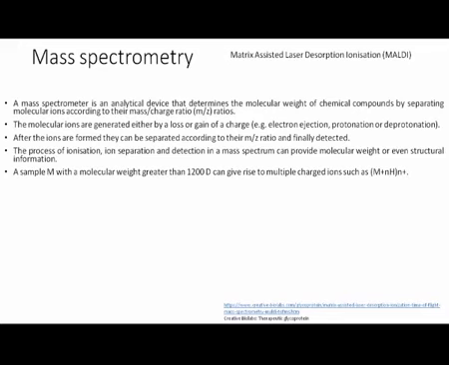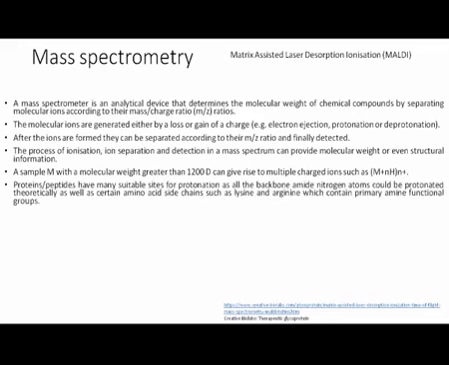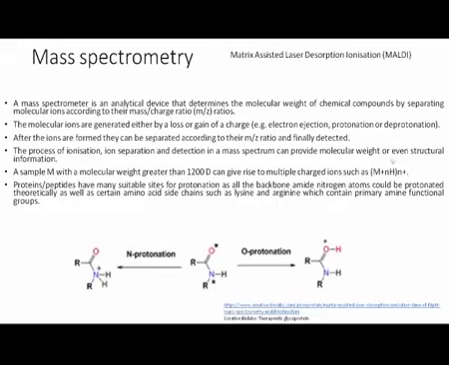I will give you that example in a second, but the proteins and peptides, which are of interest to us at this point of time, may have suitable sites for protonation. What are the sites? All the backbone amide nitrogen atoms. For example, this is an amide nitrogen, and it is capable of undergoing protonation, deprotonation, all these things.